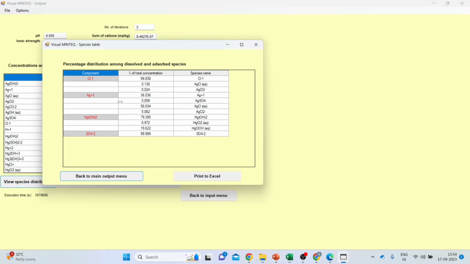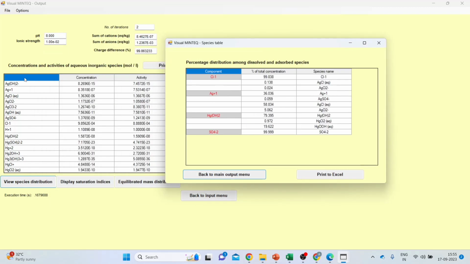And now if you see the species distribution, we can see that Ag plus, that is the free metal ion, is 36%. In the ocean outfall, it was very less, it was less than 1%, and it was not shown here in the species distribution. We have just seen that Ag plus was 10 raised to minus 10.